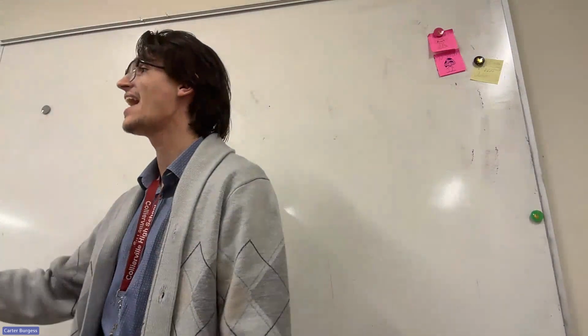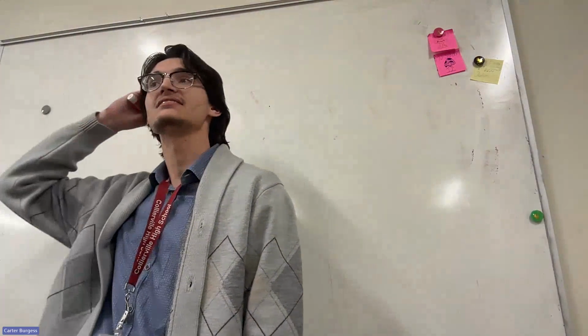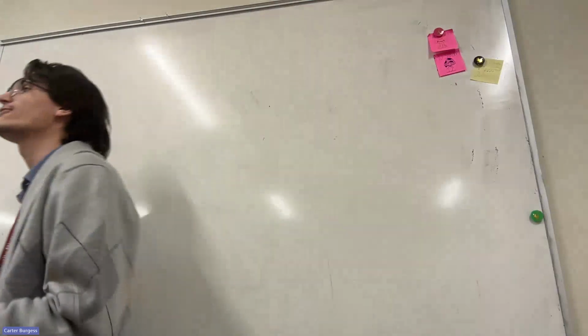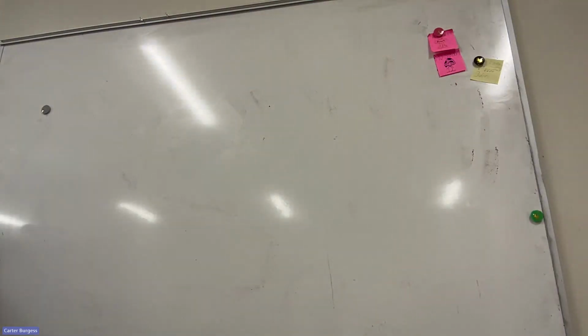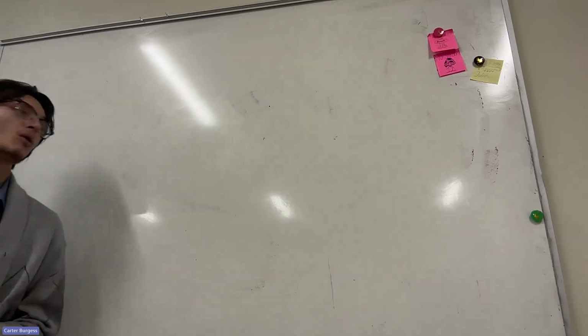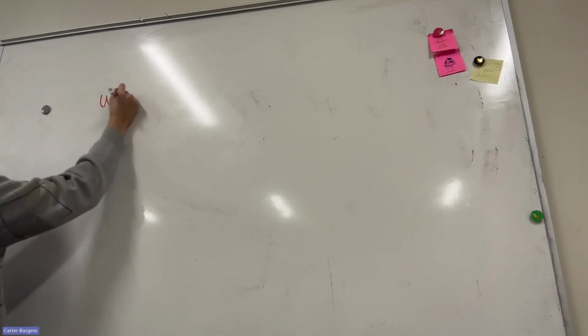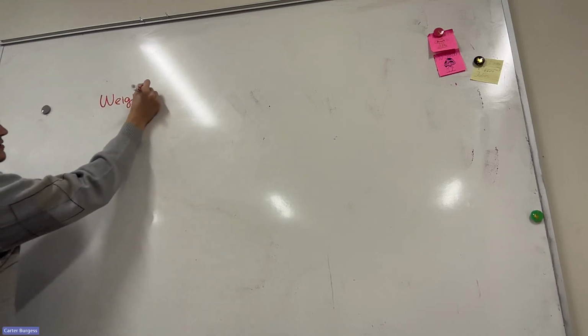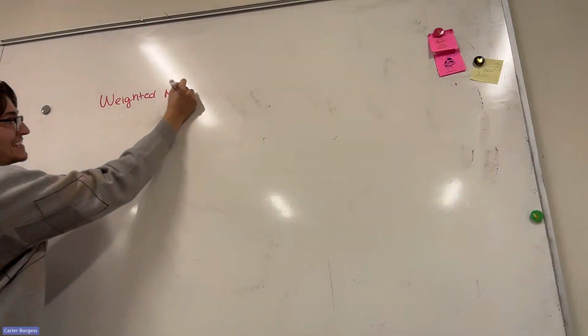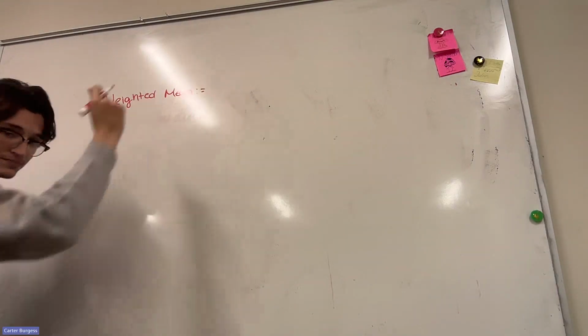And so what we have is this desire to be able to account for what I do if the weights for my different variables are different. What we want to calculate is called a weighted mean or weighted average.